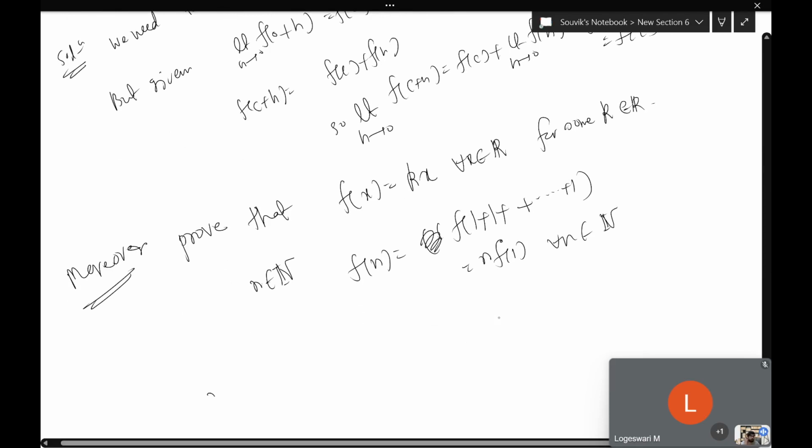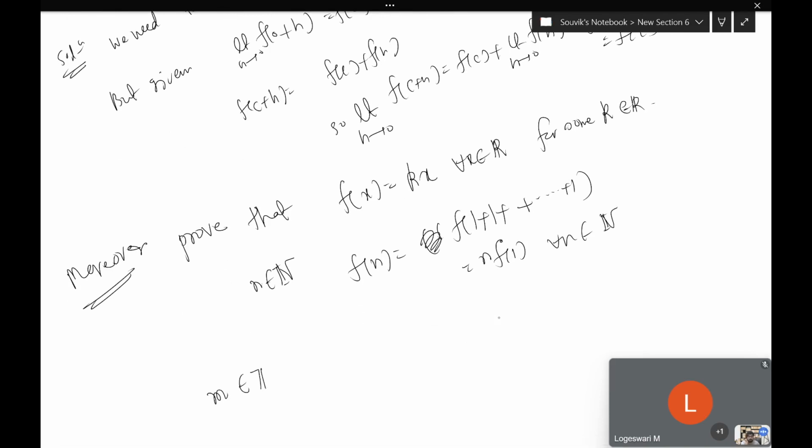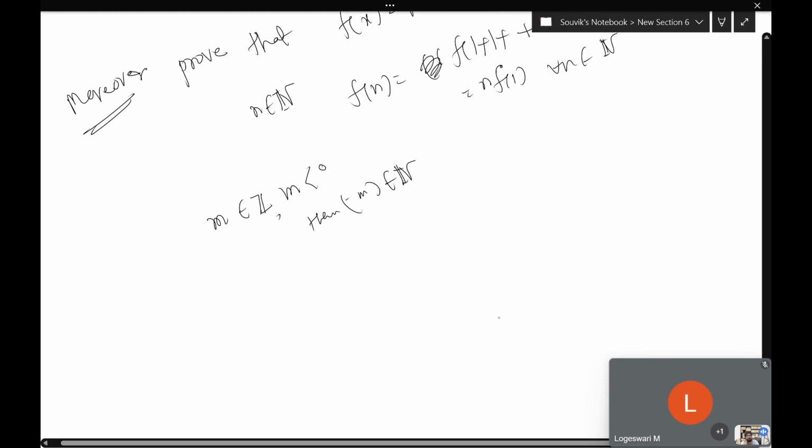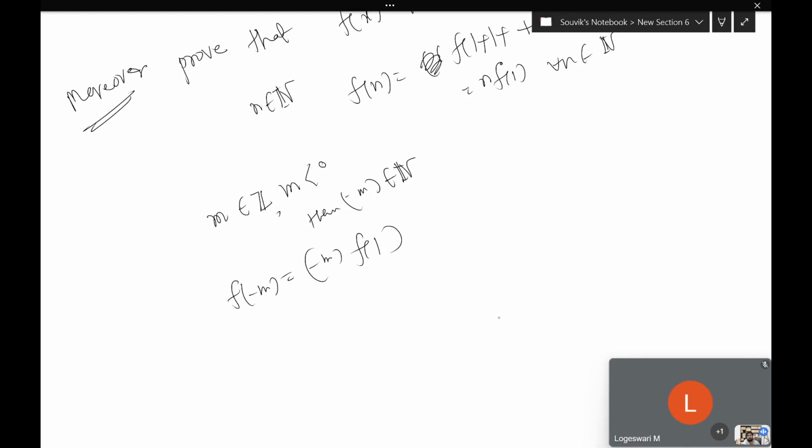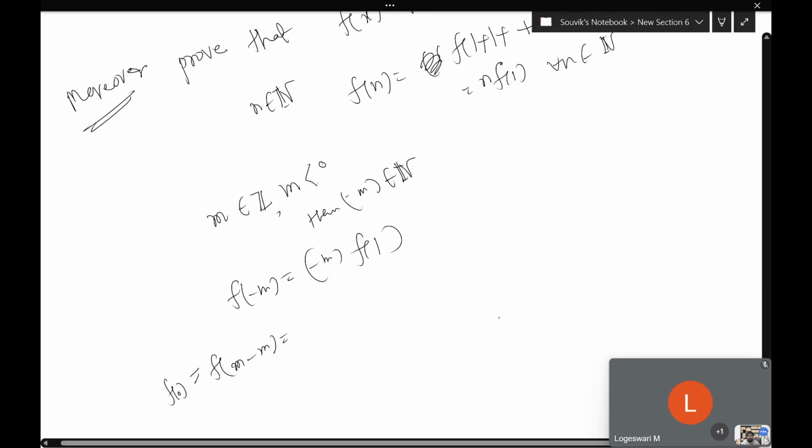Now, choose m belongs to Z, m less than 0. Then minus m belongs to N, right? So f of minus m is equal to minus m f of 1, right? But observe that m plus minus m is obviously 0, so f of 0, which is nothing but 0, is equal to f of m plus f of minus m.